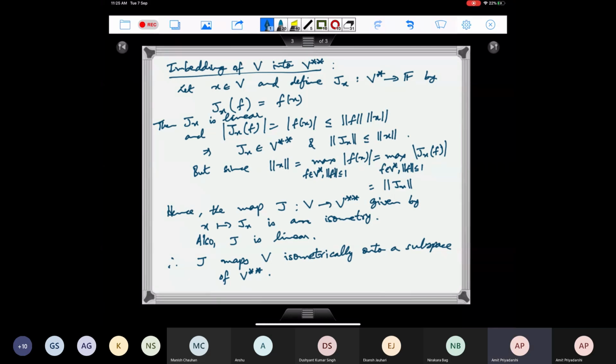So V is isometrically isomorphic to a subspace of V double star.